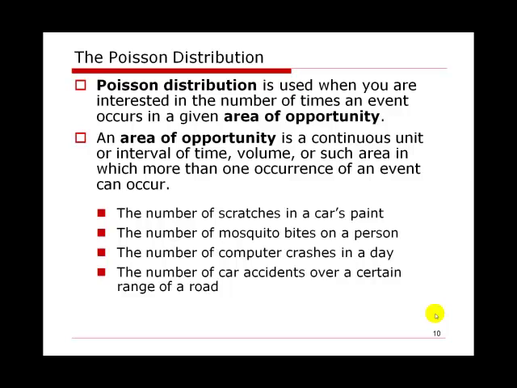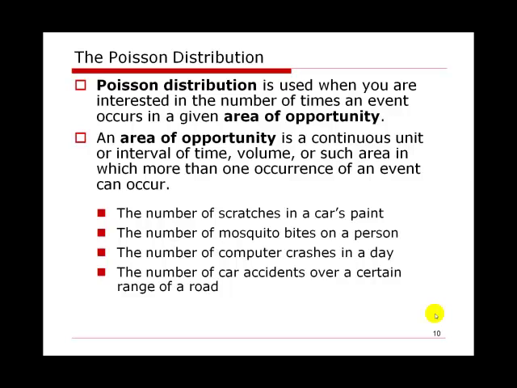However, in the Poisson distribution, because the area of opportunity is in a totally different measurement from the event that occurs, there is, at least theoretically, no upper limit on the number of times an event can occur. For example, the number of scratches in a car's paint can be 0, 1, 2, 3, 4, 5, 6, 7, all the way up.